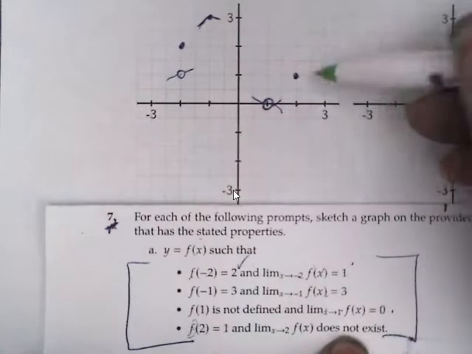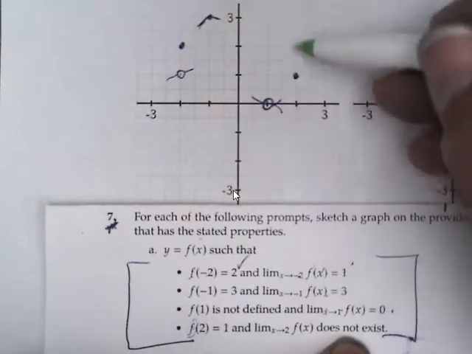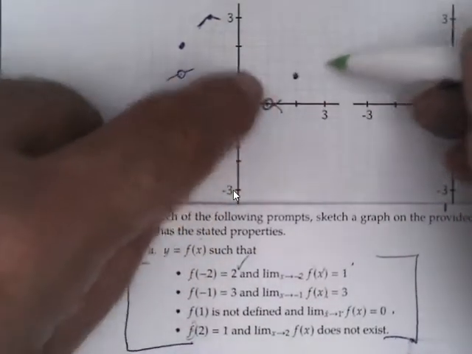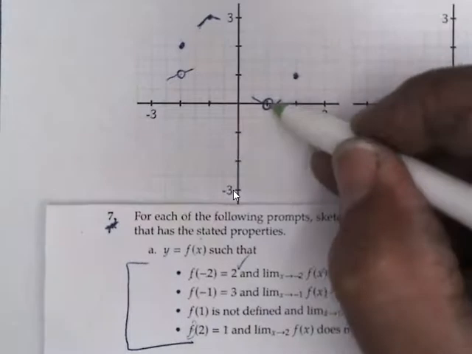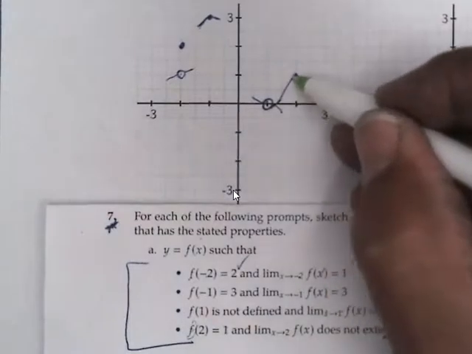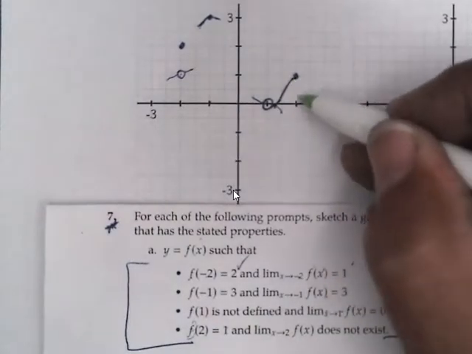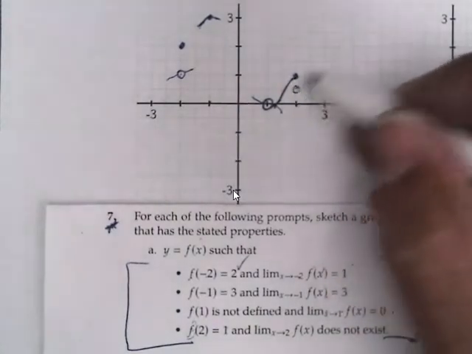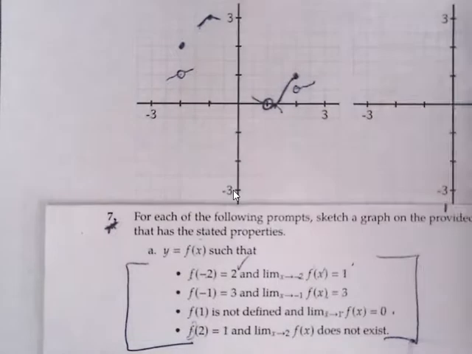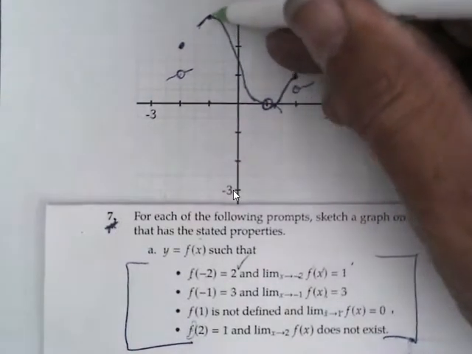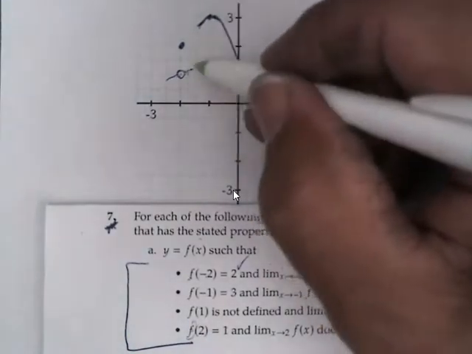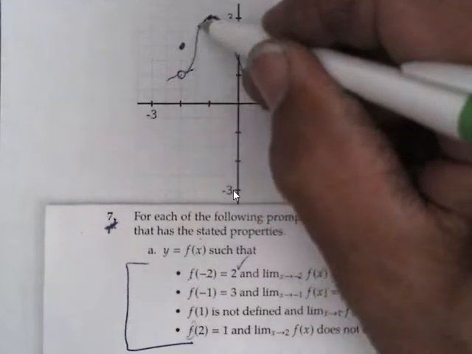Well, we have no limit if it doesn't head towards the same value from the left and right. So I can make it come to this point from this side and just leave at a different height. And then we have to go to there, and we have to come out of here.